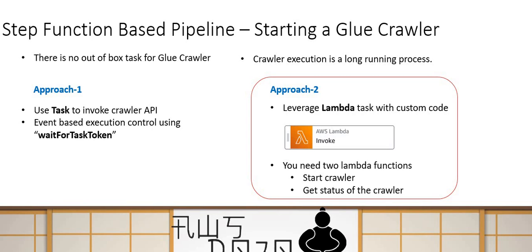If you want to explore on your own, you might want to follow approach one to build an event-based mechanism to control the execution. Otherwise, there's always approach number 2, where you can create two reusable Lambda functions to control the execution of the workflow. So let's move on. I'm going to use approach 2 today, though I personally prefer approach 1.